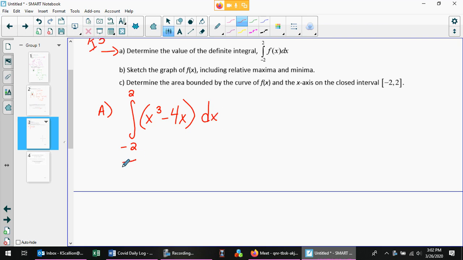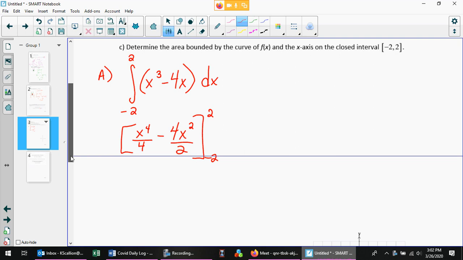So this is going to be x to the exponent 4 over 4 minus 4x squared divided by 2, bounded by 2 and negative 2. All right, so if I do this, I'm going to have 2 to the exponent 4 over 4 minus 2 times 2 to the exponent 2.